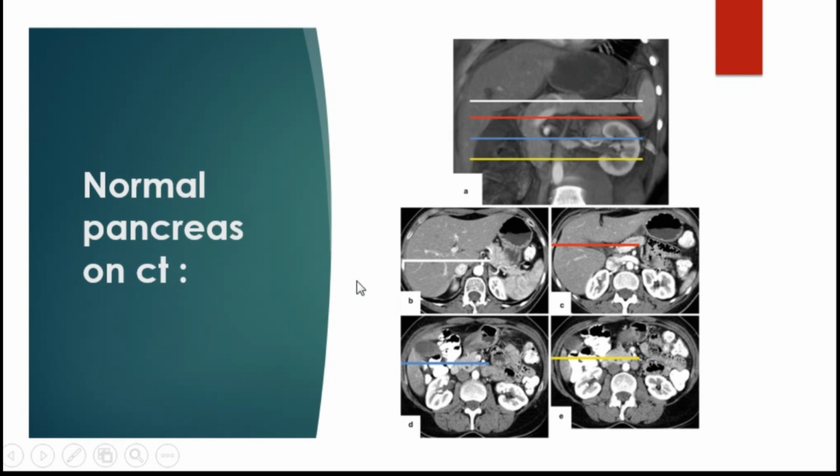This is the inferior vena cava, IVC, exactly, and this is the aorta. And this is the uncinate process of the pancreas.